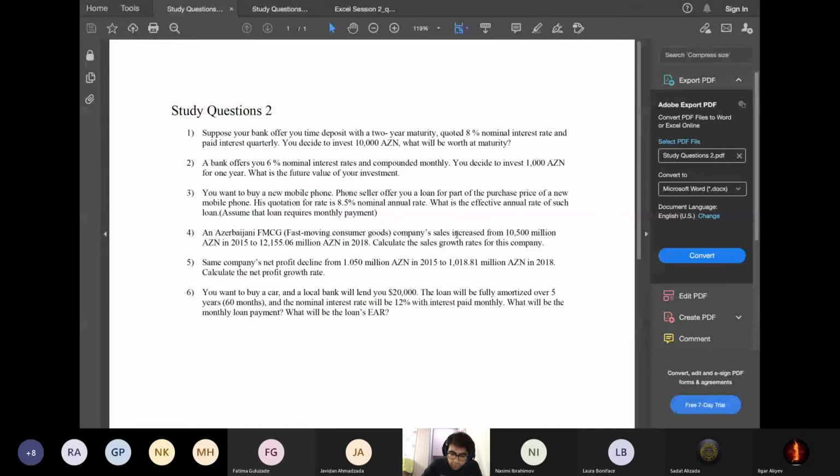It should be 0.5, I think. Let me divide it. Yes, 0.5%. Number of periods is 1 year, but it's compounded monthly, so we multiply 1 year by 12. It gives us 12 months.